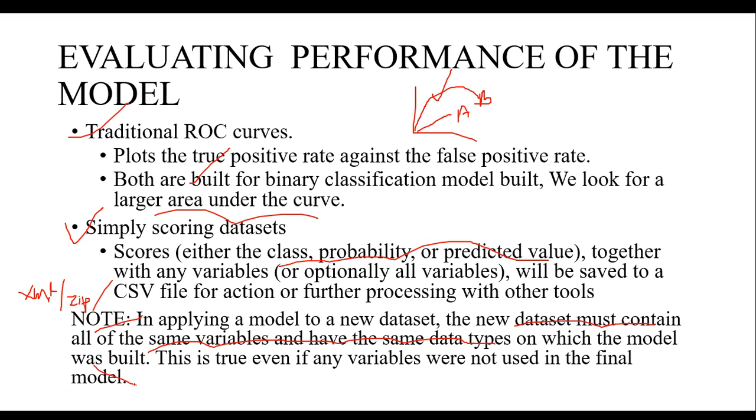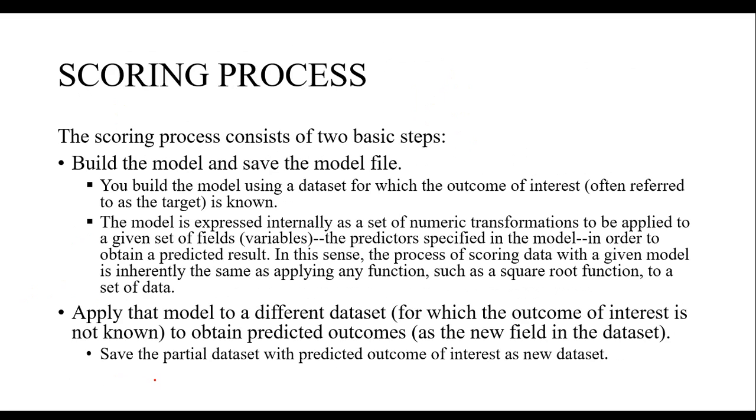Suppose you are scoring a new data set. In the new data set, the variables and the data types should be the same as those on which the original model was built. Correct. Now we'll look at one example, and then things will be clear to you.